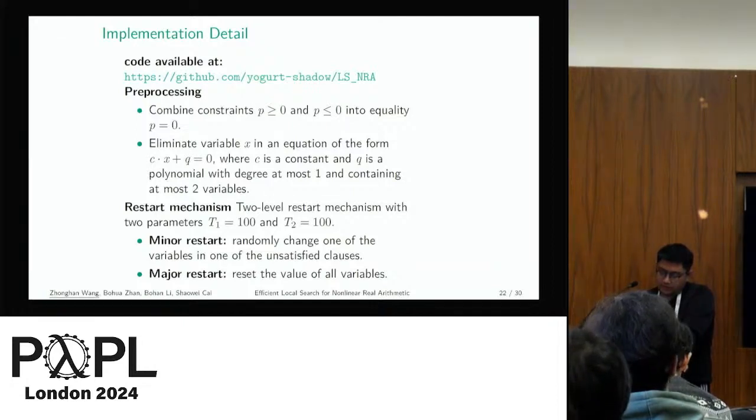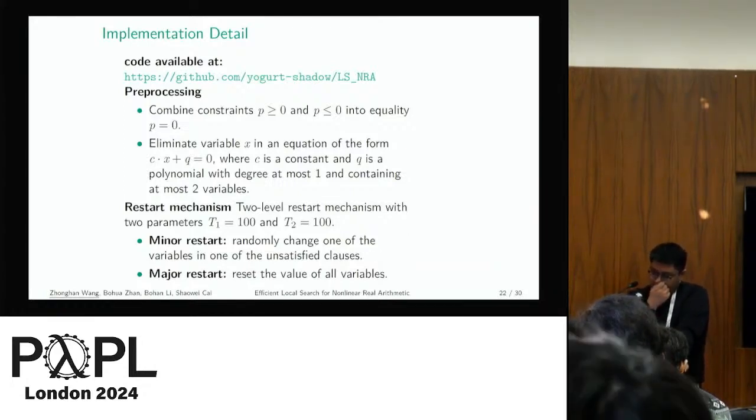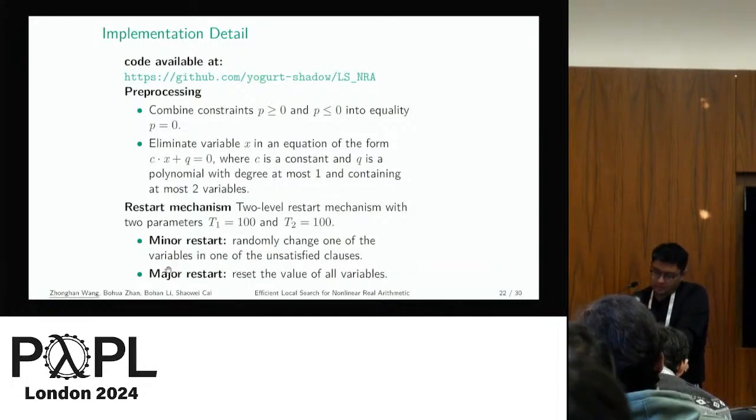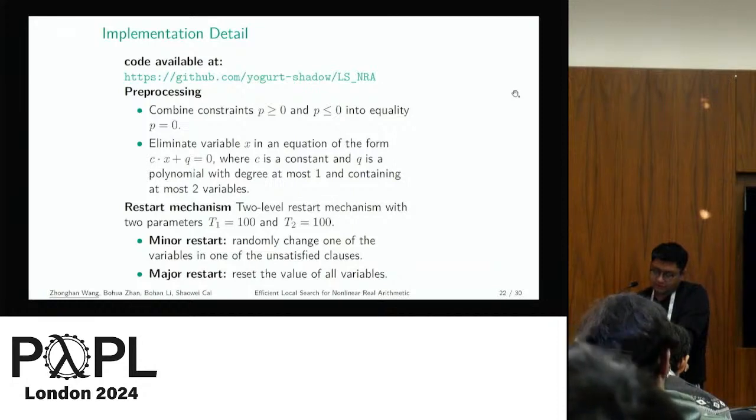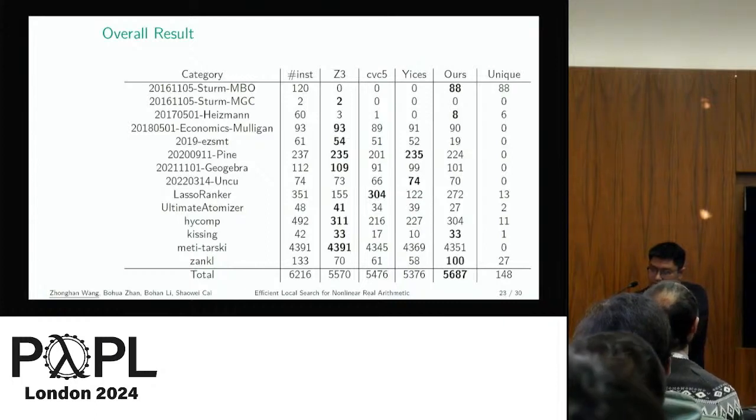In local search, we use a restart mechanism, with both minor and major restarts. A minor restart usually means that we randomly change one of the variables in the unset clauses, and in a major restart, we reset all the variable values. Maybe we are stuck in the same cell in the search space of SMT NRA, and we want the major restart to jump out of that cell into a totally different cell, so we reset the values of all variables.